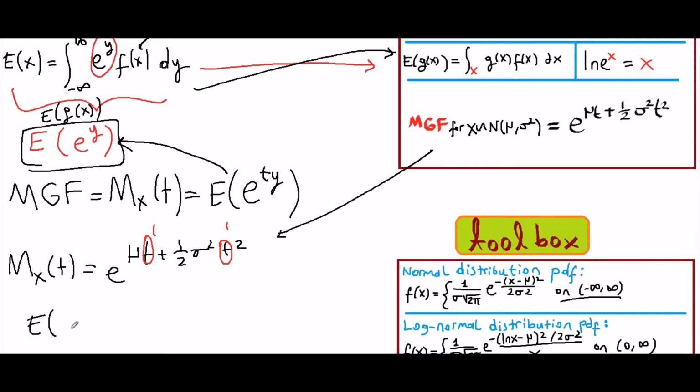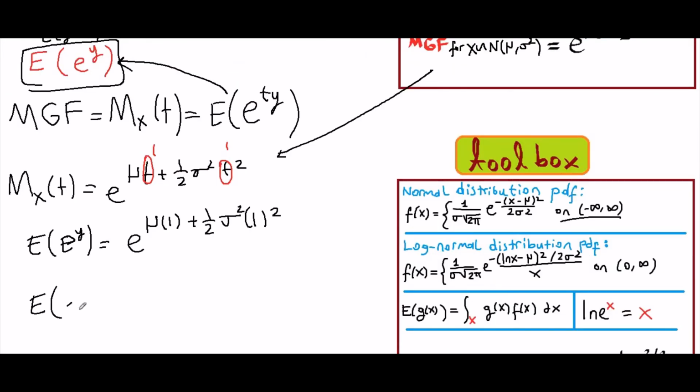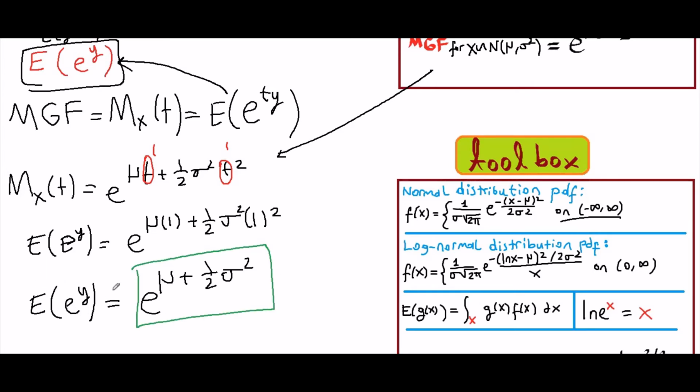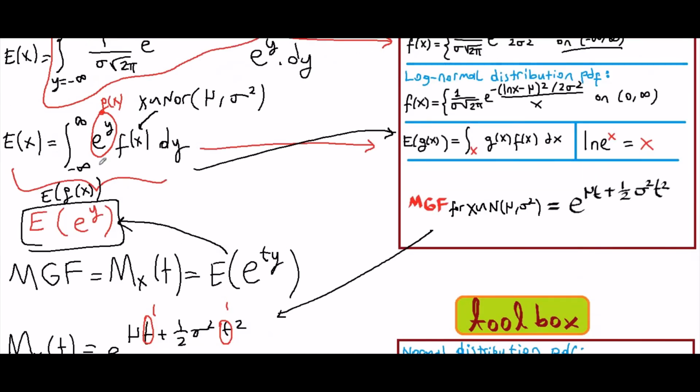So the expectation of e to the y is equal to e to the mu times 1 plus 1/2 sigma squared times 1 squared, which is e to the mu plus 1/2 sigma squared. So this is the expectation of the log normal distribution, because the expectation of e to the y is the expectation of e to the y with respect to f of x, which is our normal distribution.